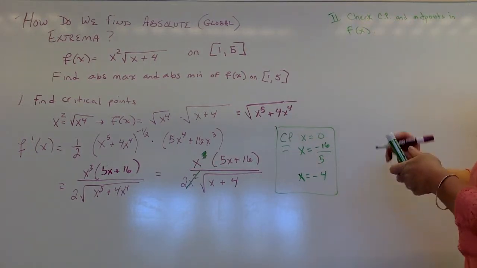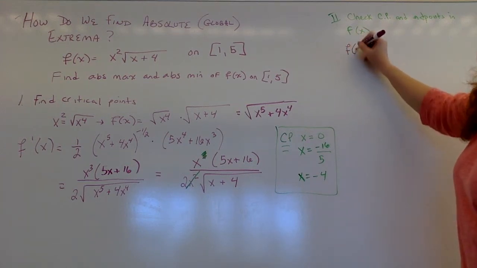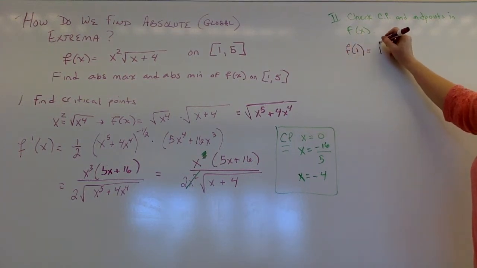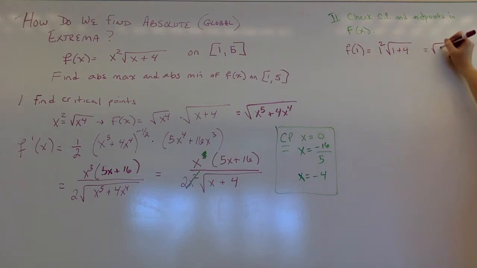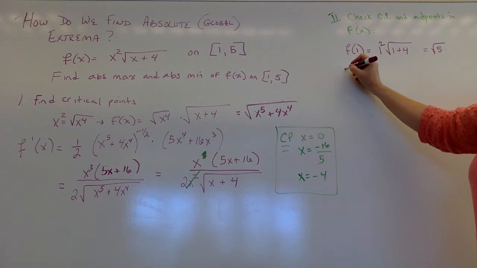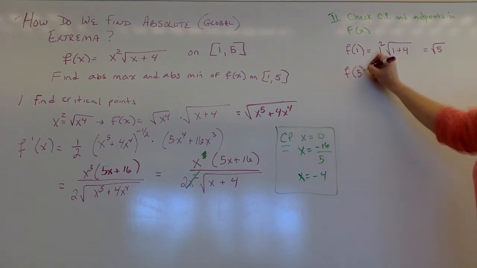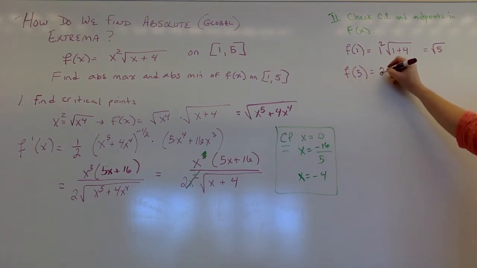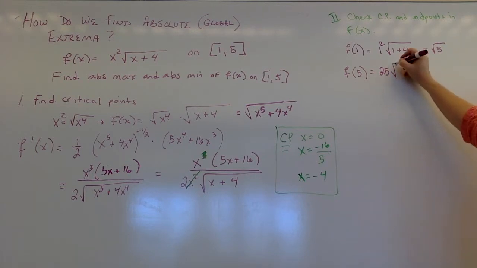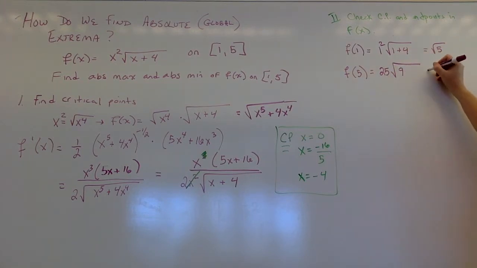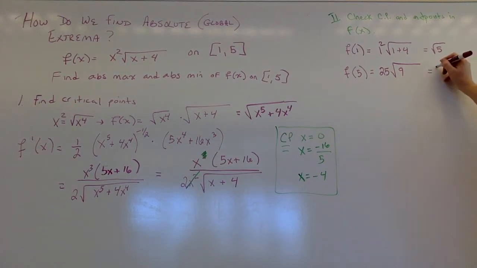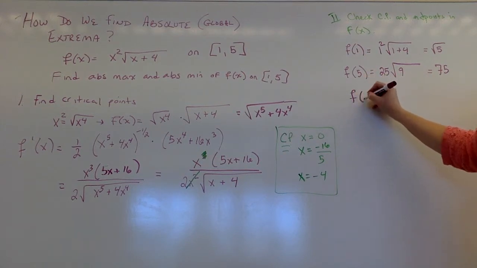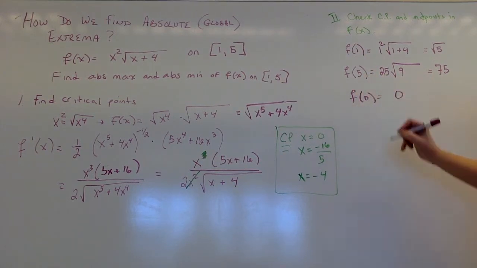So I need to know what f of 1 is: 1 squared times the square root of 1 plus 4 is root 5. f of 5 is equal to 25 times the square root of 5 plus 4, which is 9, the square root of 9 is 3, so this is 75. Okay, f of 0, that's a nice easy one, that's 0.